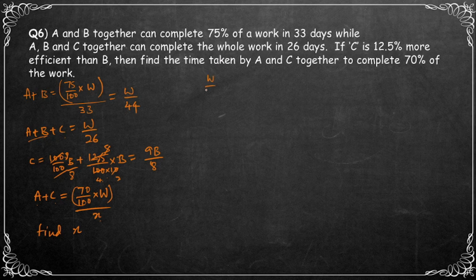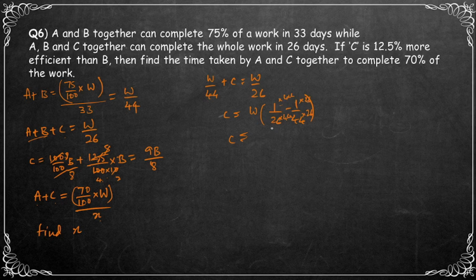So A plus B is W by 44, plus C is equal to W by 26. So C is equal to W times 1 by 26 minus 1 by 44. No need to take LCM and all of that stuff. We just multiply this by 44 and multiply this by 26.